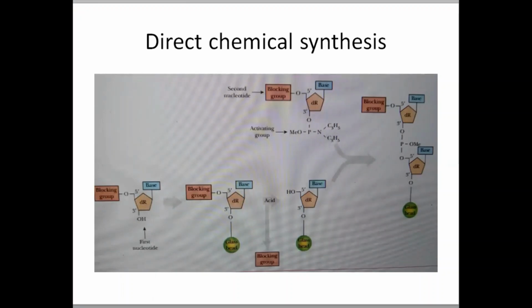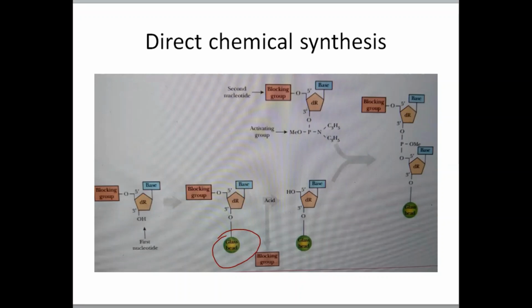Artificial synthesis is mostly done in the 3' to 5' direction. The first step is to attach the nucleotide to a glass bead, as you can see here. This is a porous glass bead made up of controlled pore glass.